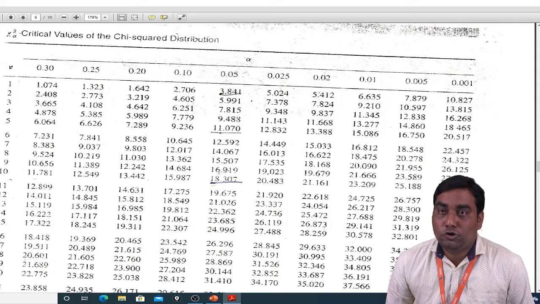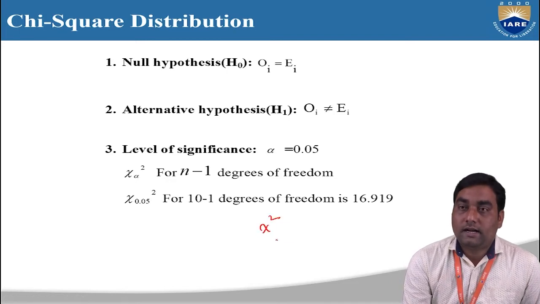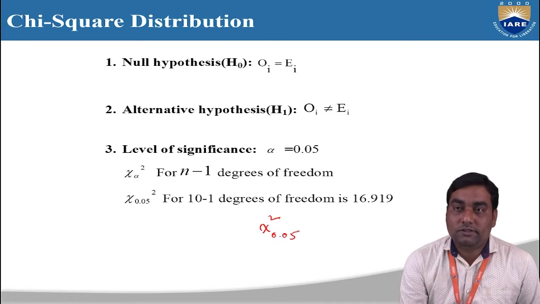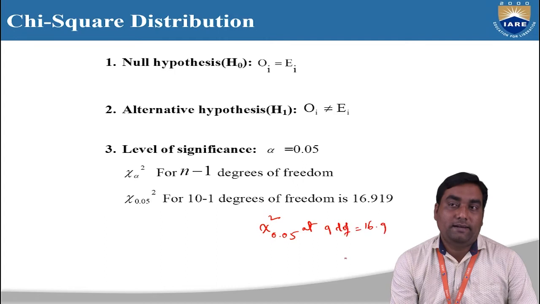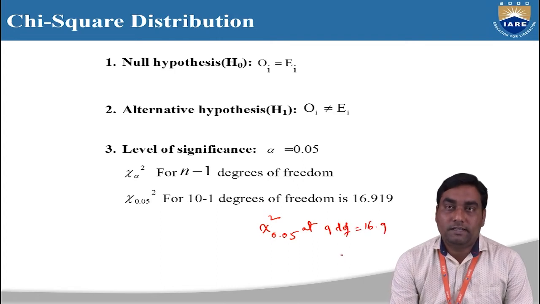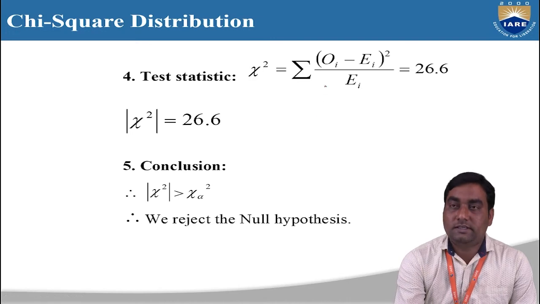This value we choose as the tabulated value in step 3. Therefore, chi-square 0.05 at 9 degrees of freedom equals 16.9. This is the tabulated value. Now, step 4, test statistic formula.